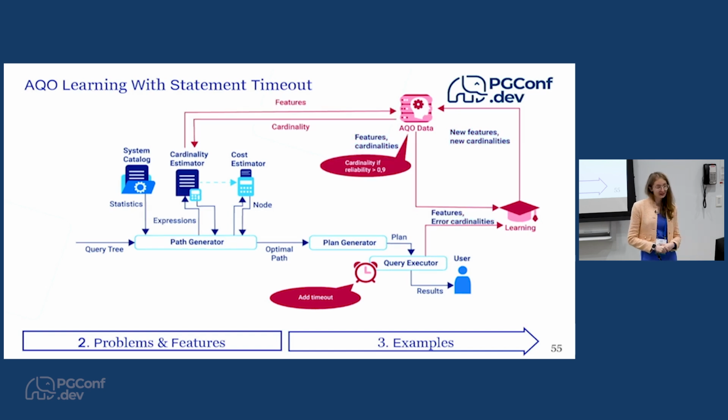If AQO sees that the node was not completely executed, it sets the reliability parameter to 0.9. AQO does not consider this information for prediction, but it remembers it, because we hope that when the query executes again, we can update this information and finally use it.